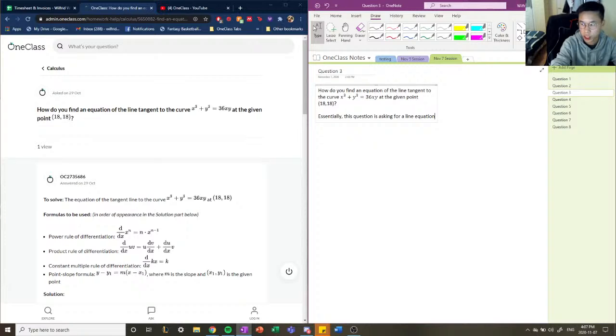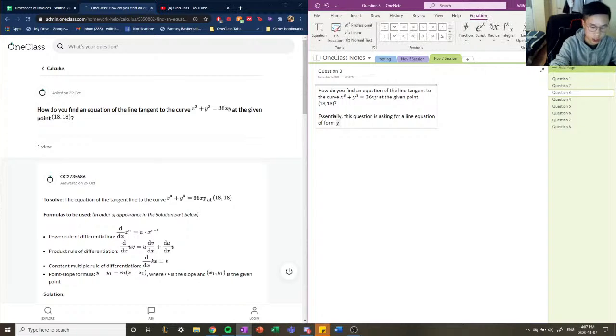So they're only looking for a line equation that's touching 18, 18, right? We're going to cover in a future question what a secant line is, and a secant line is very different from a tangent line. So they're asking for a line equation of the form y equals mx plus b. Okay, cool.